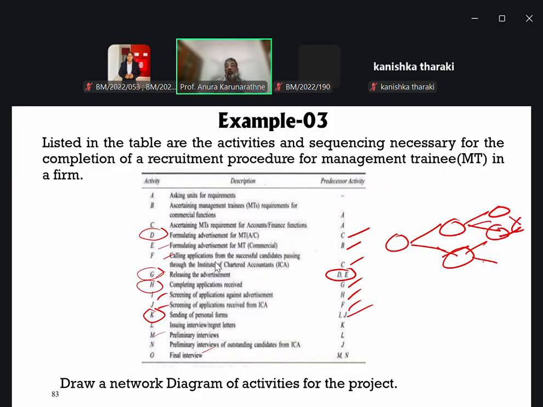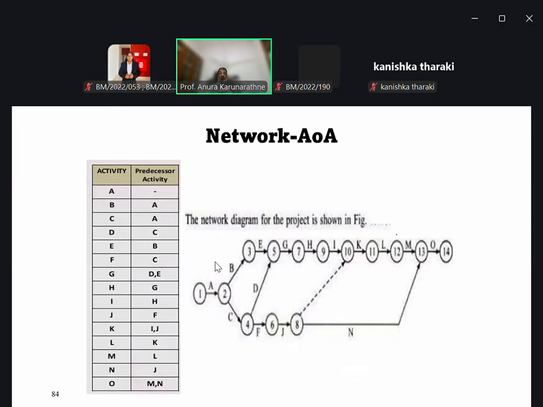So further we can go here. Then you can see the completed network.